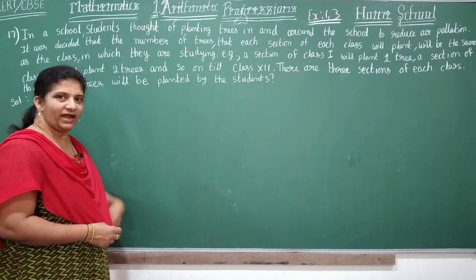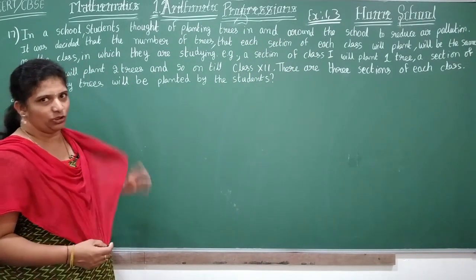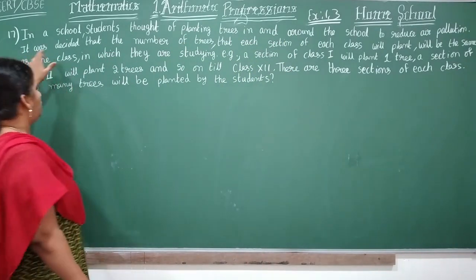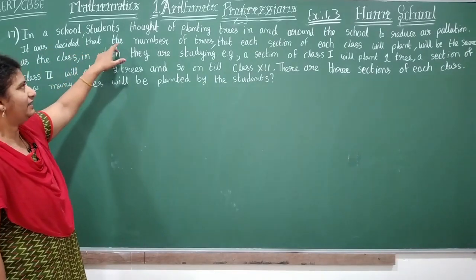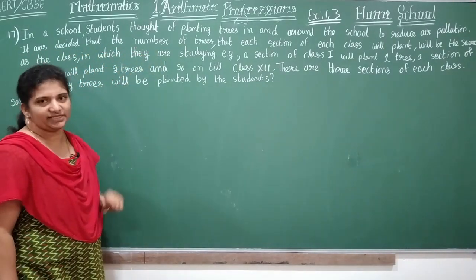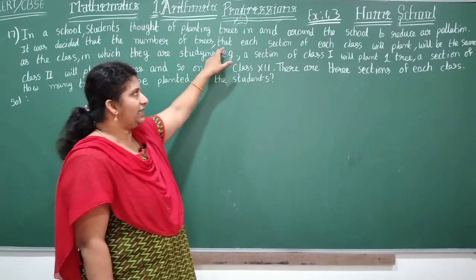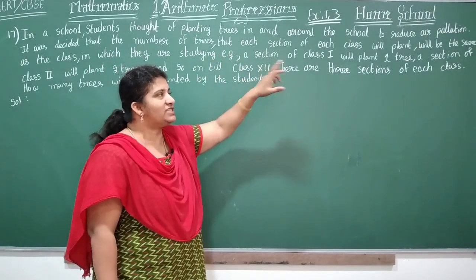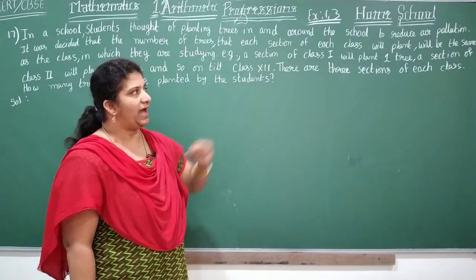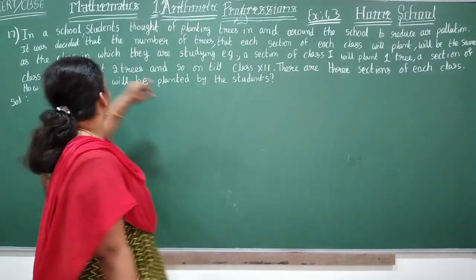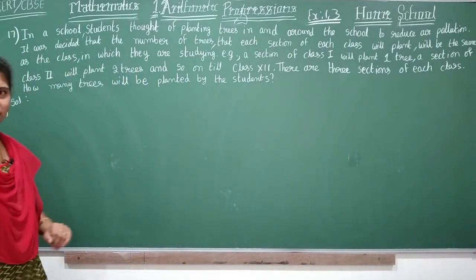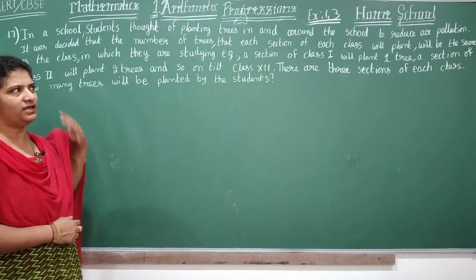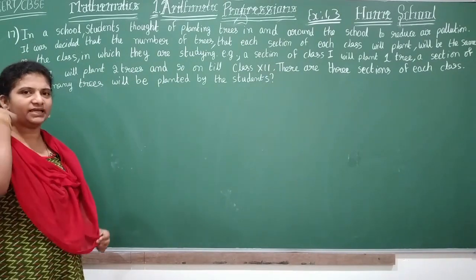Okay, why do we plant trees? To reduce air pollution. It was decided that the number of trees that each section of each class will plant will be the same as the class. So what does this line indicate?